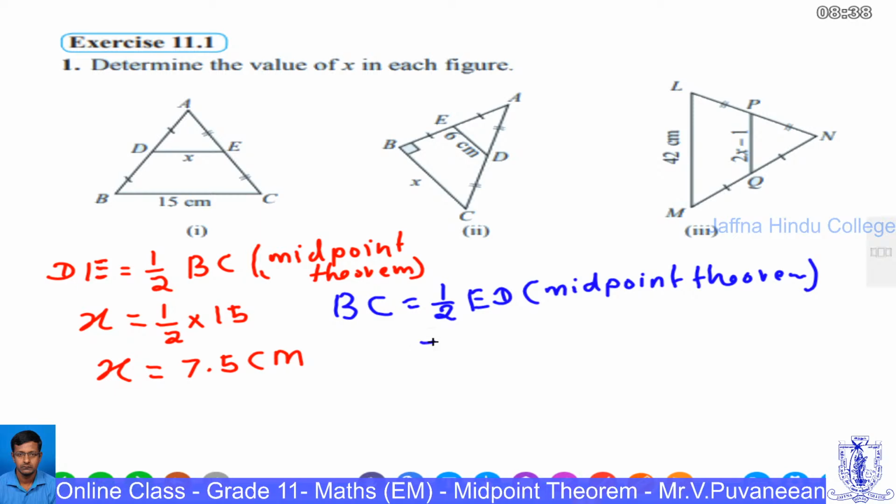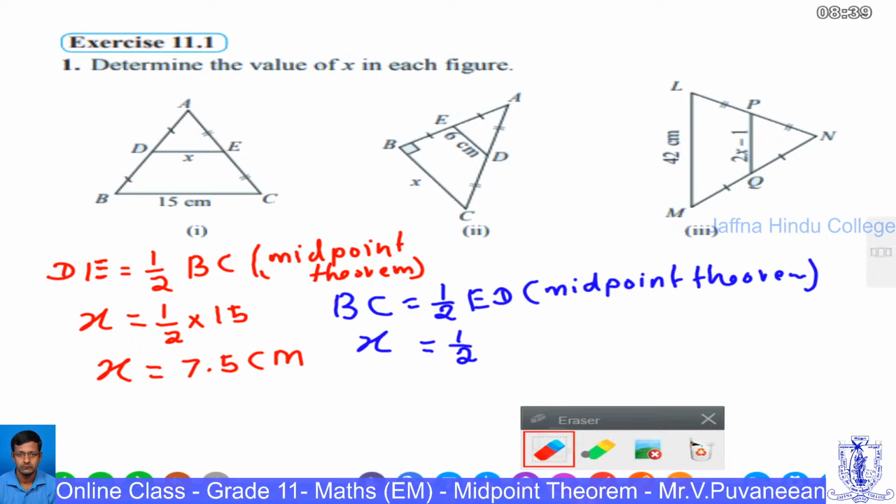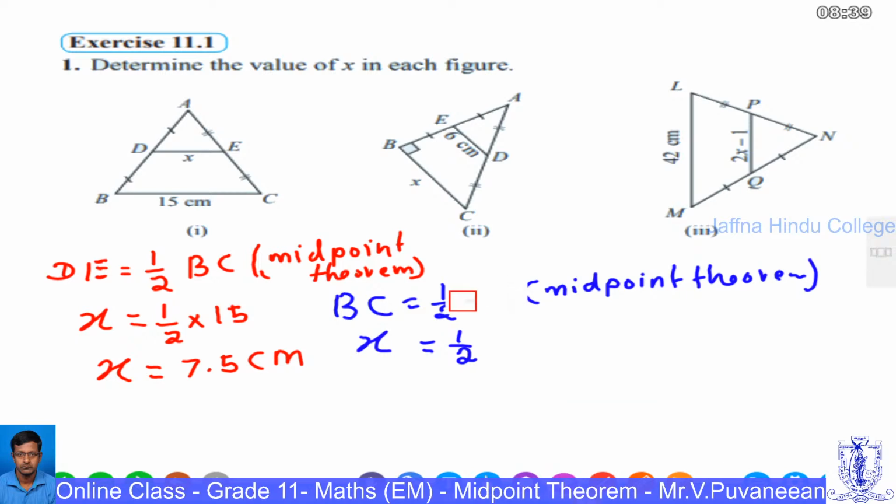The length of ED is given. BC equals X. Sorry, BC equals 2 ED.